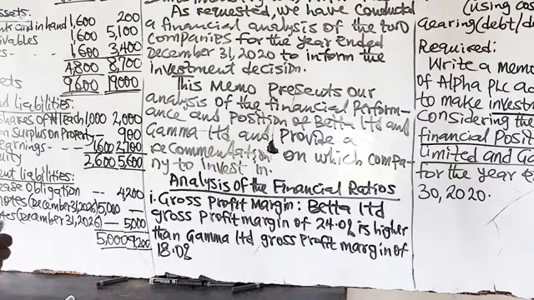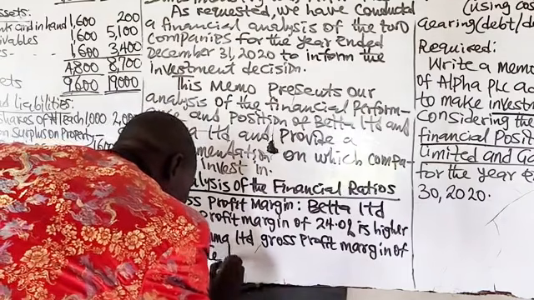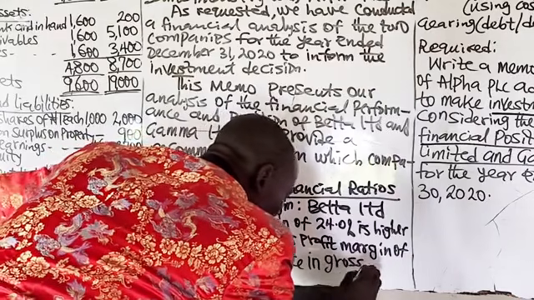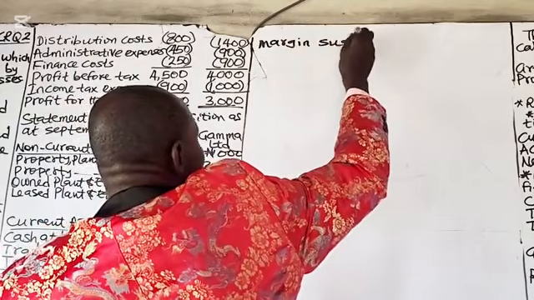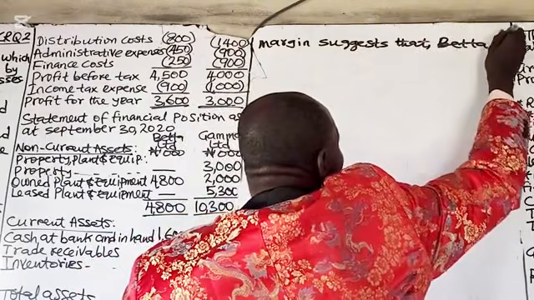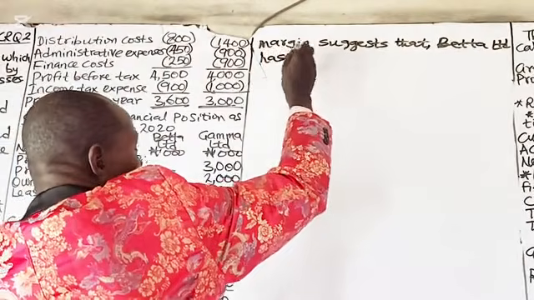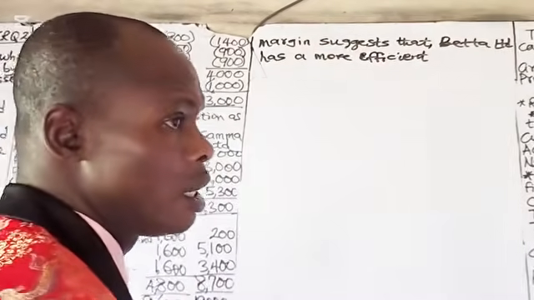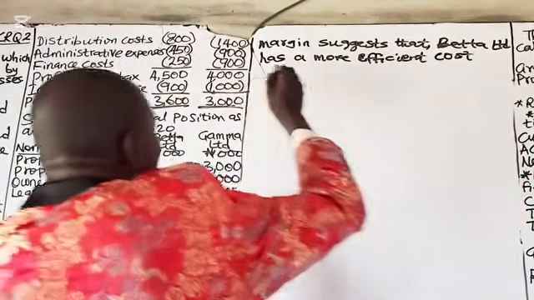The difference in gross profit margin suggests that Bethel Limited has a more efficient cost management system.